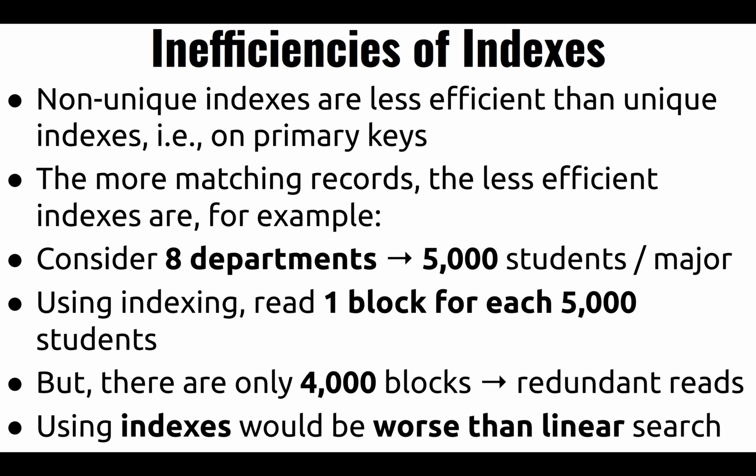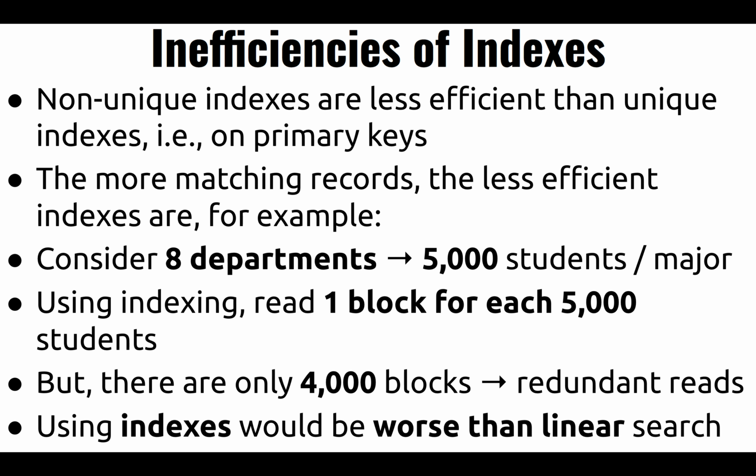Again, it's because when you're doing the non-unique ones, it matters how many of those non-unique index entries are referring to the original records. Before, it was only referencing 1,000 students. In major ID 20, how many students are there? Well, there's 1,000 students per department, so I have 1,000 references.